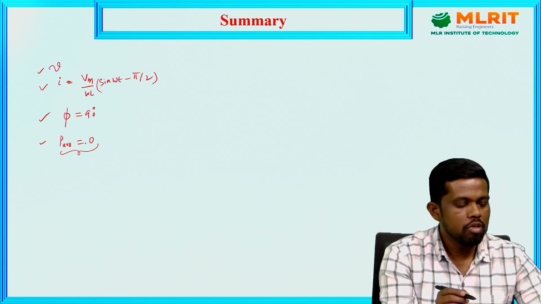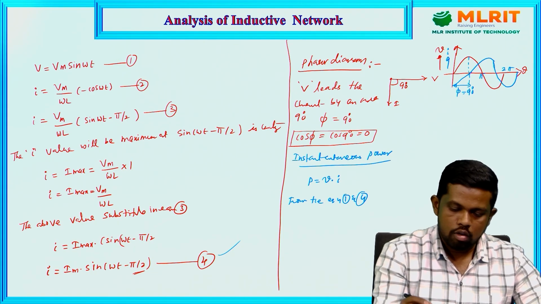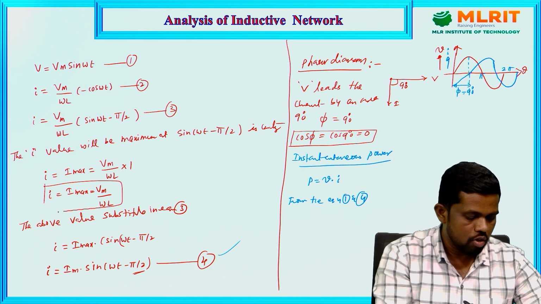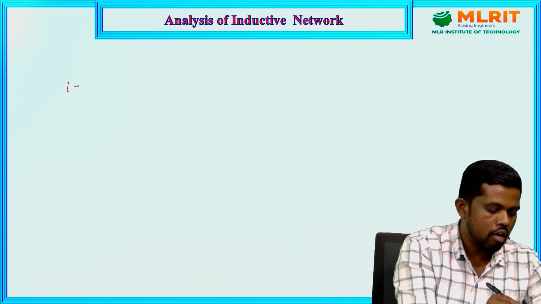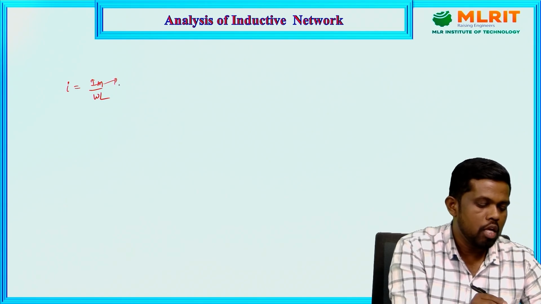And one term was missing in the session, that is the Vm by this term. So here, in the current equation, the I value equals Im by omega L, where Im is the peak value of current.